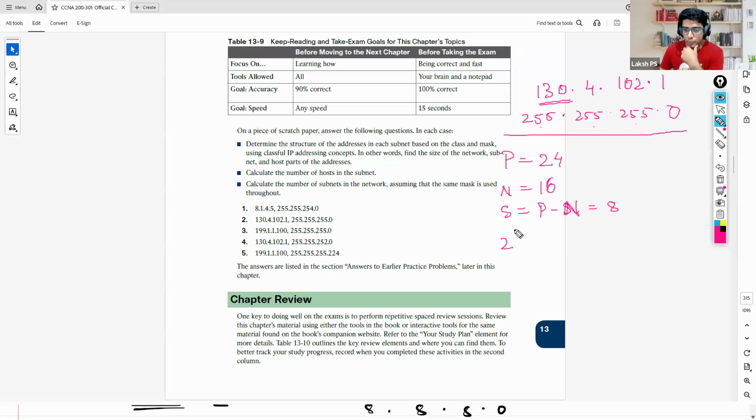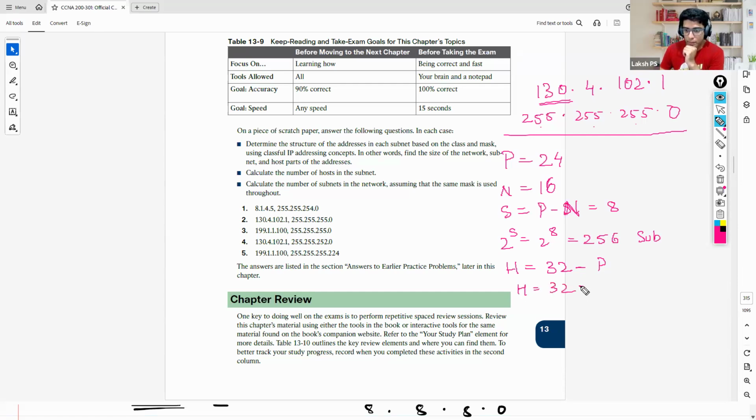That means 2 power S, or 2 power 8, is 256. So we will have 256 subnets, right? Now the hosts, how many host bits do we have? 32 minus P bits.